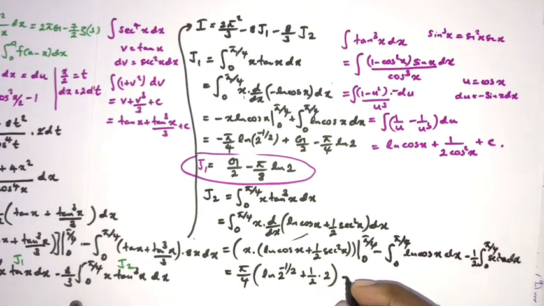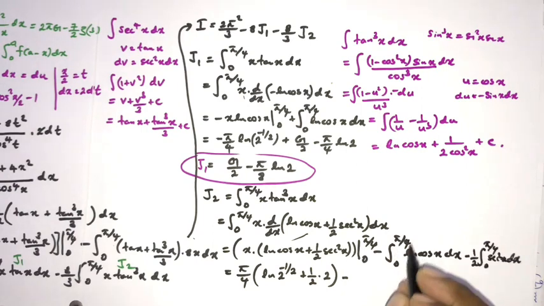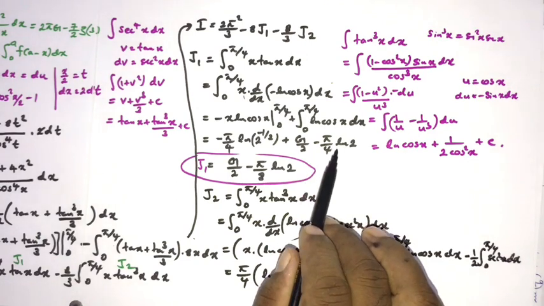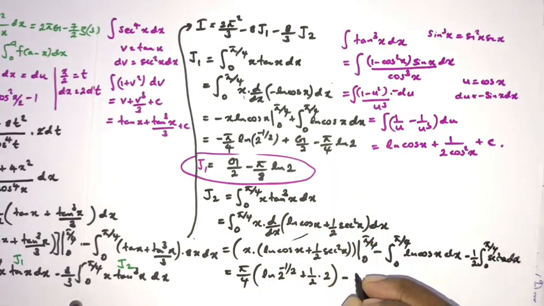Here minus the integral from 0 to pi over 4 of natural log of cosine of x, which is equal to G over 2 minus pi over 4 natural log of 2. So minus G over 2 plus pi over 4 natural log of 2, and here we have minus 1/2 the integration of secant square of x, which is tan of x from 0 to pi over 4. Tan of pi over 4 is 1.